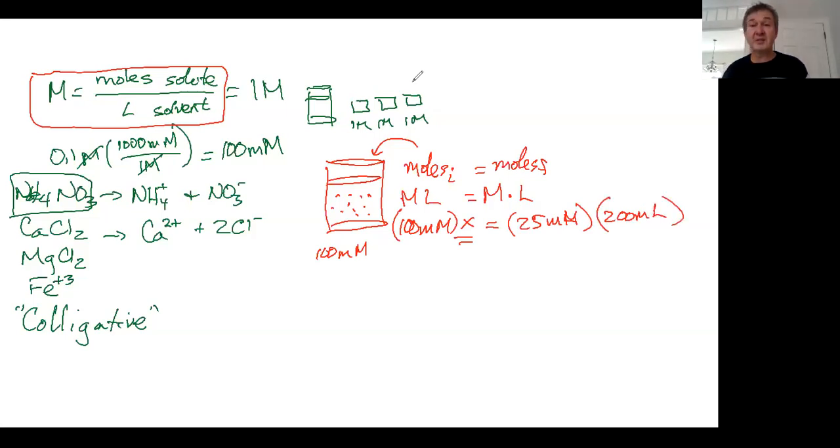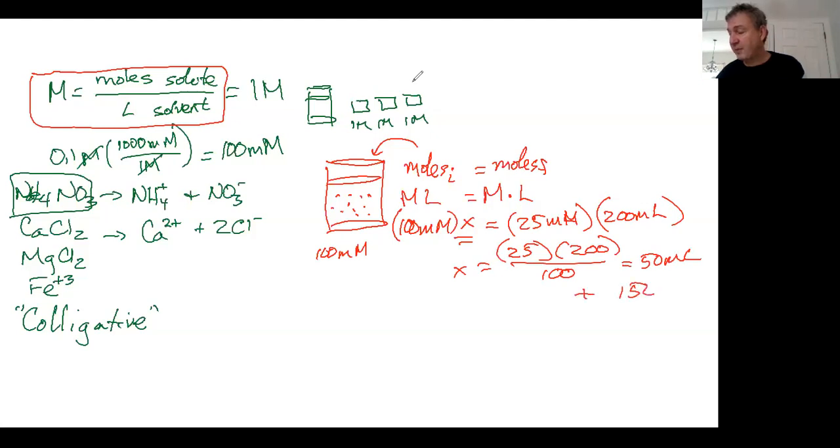I know it's liters, but as long as I use liters and liters or mils and mils, they cancel. So how much of this concentrated stuff do I need? Well, 25 times 200 all over 100. Just multiply both sides by 1 over 100. And I got 50 mils of that concentrated solution. But I need to have a total volume of 200, so I'll add 150 mils of water.